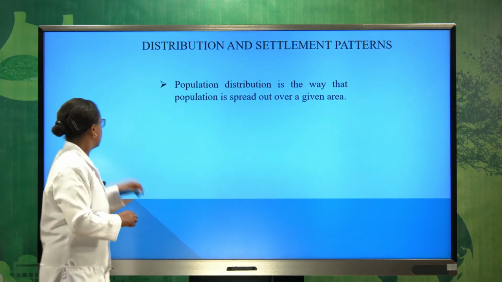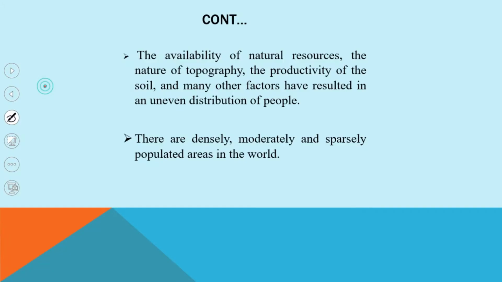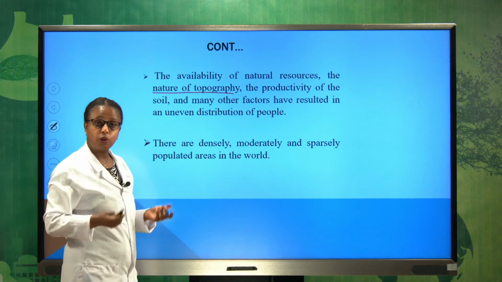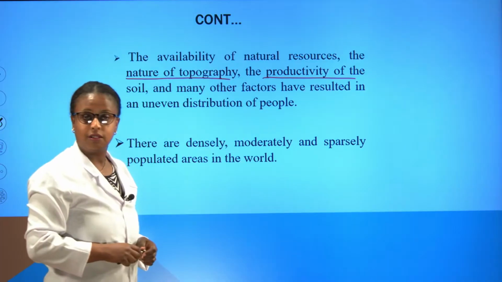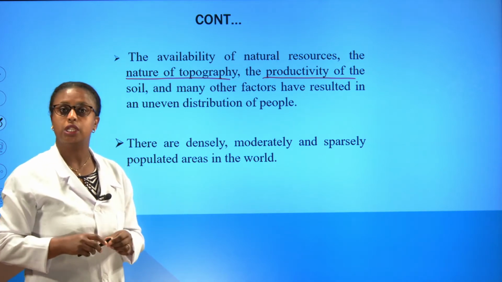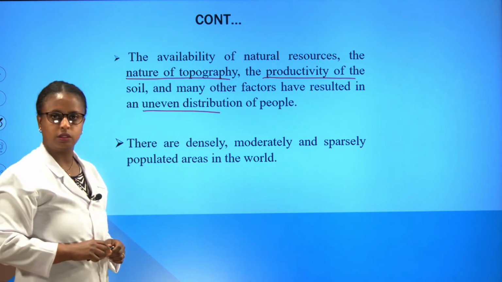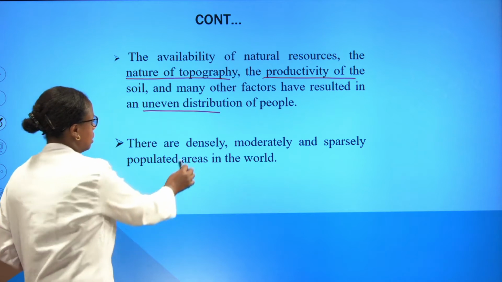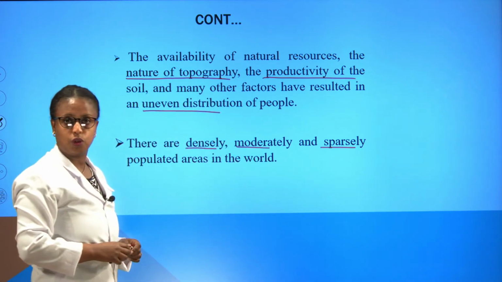These are the availability of natural resources like water and minerals, the nature of topography, which means ups and downs, the productivity or the fertility of the soil, and other factors which affect the distribution of human population and make it uneven. There are densely, moderately, and sparsely populated regions of the world.